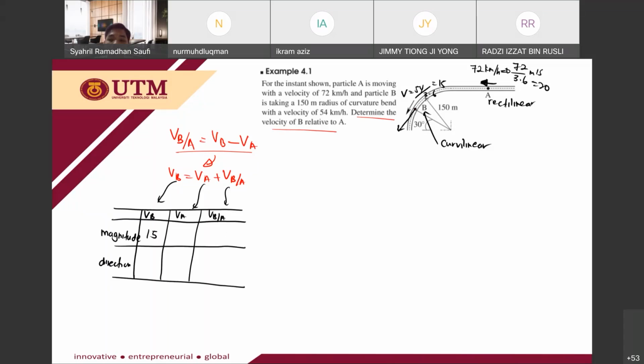We know that this is tangent, so here is 90 degrees. Then you can determine the angle. This is position B, given with the center of rotation, 30 degrees, and then this is the curve.